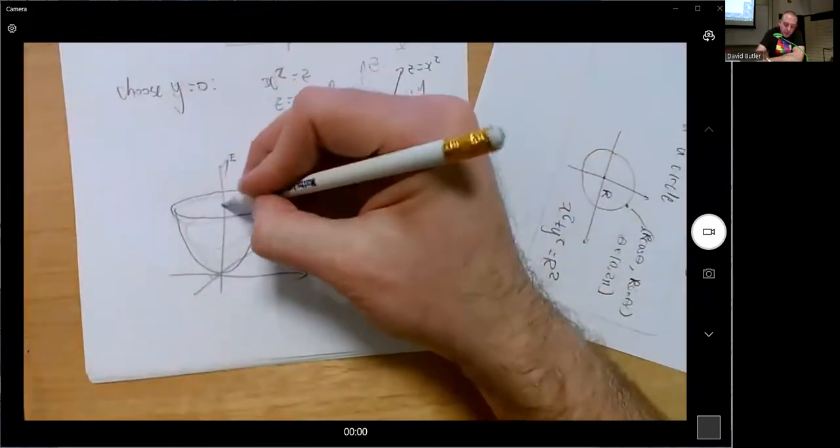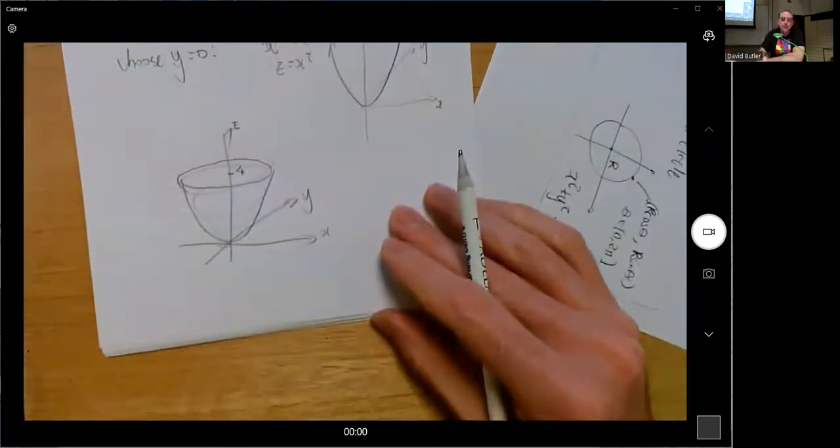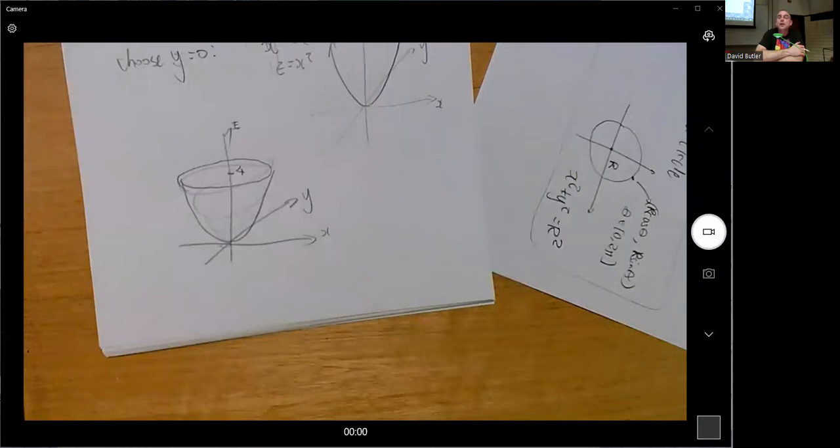So it goes up this high and then it stops. And importantly, I only need 2 numbers to tell me where I am on this thing, because the z is chosen from the x and the y. And so that makes it a surface and not a volume.